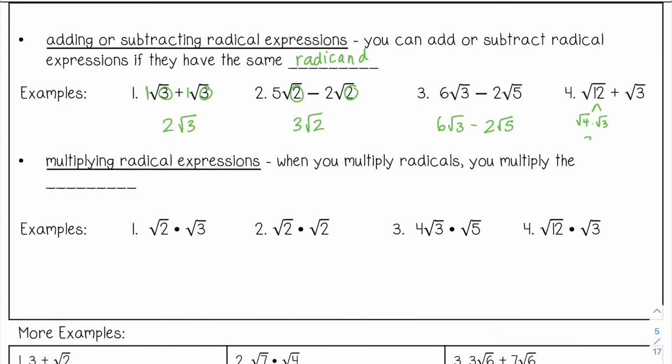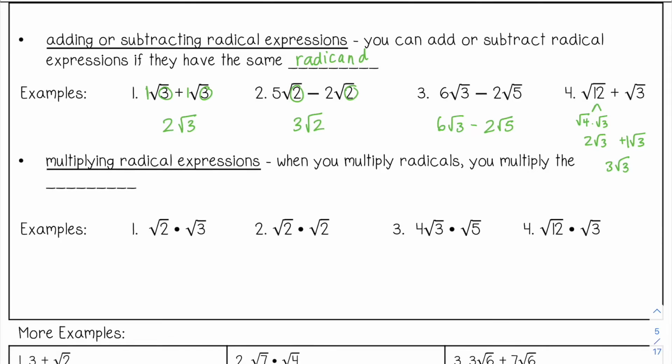So that's going to give me 2 square roots of 3 plus square root of 3. So now they do have the same radicand of 3. And remember, there's an understood 1 being multiplied by the square root of 3. So this would simplify to 3 square roots of 3. That would be the final sum.